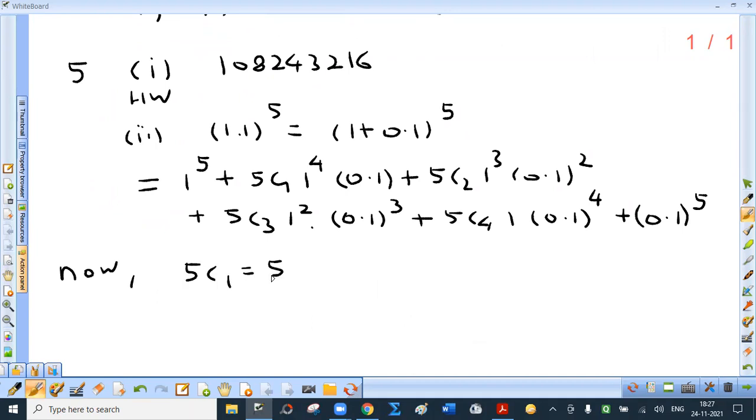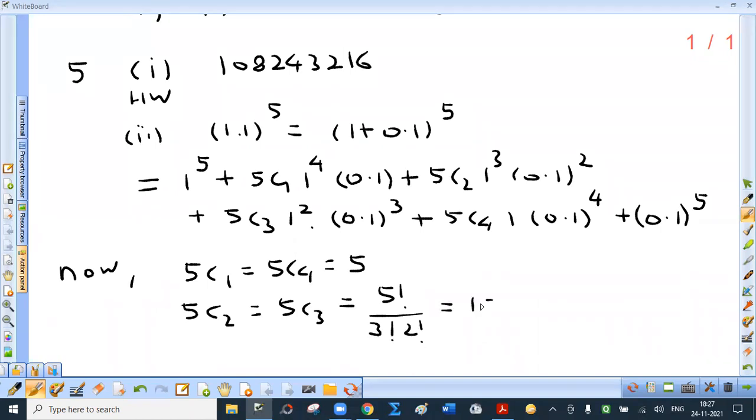5C1 is 5C4, which is nothing but 5. 5C2 is 5C3, which is 5 factorial upon 3 factorial into 2 factorial. So this is 10.